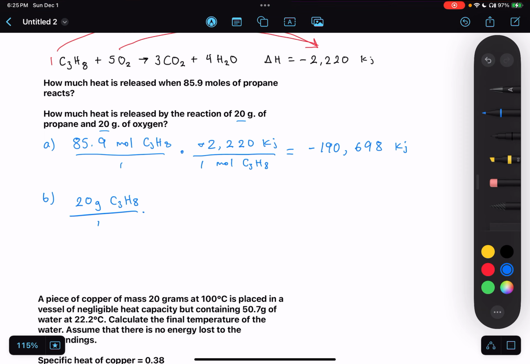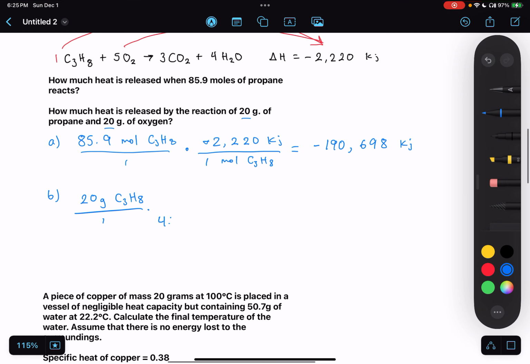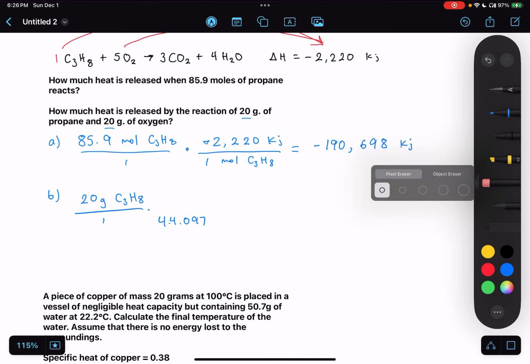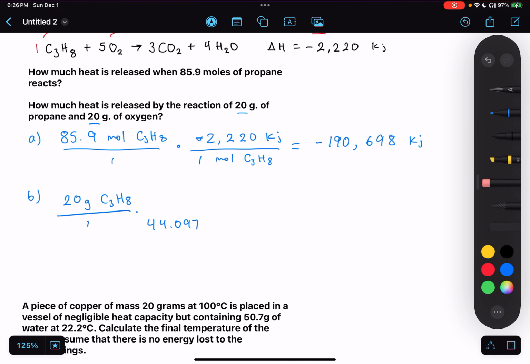times the molar mass of propane, which is 44.097. Just fix that mistake real quick. There we go, 44.097. Okay, now we divide 20 over 44.097.